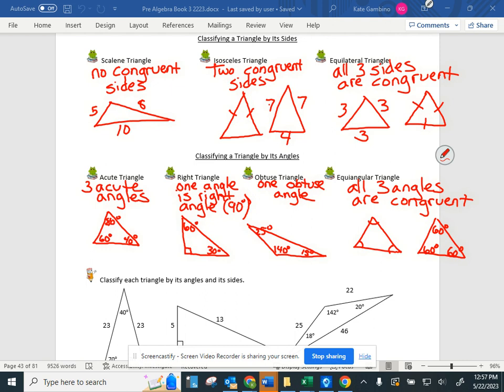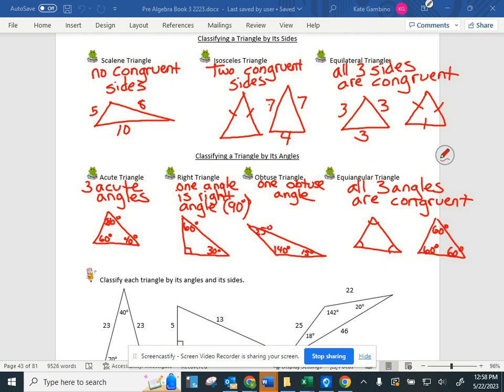Note that for those of you that just came back from band, when we are labeling our angles, we have to make sure our angles equal 180 degrees. When we're labeling our sides, they don't have to equal anything together. You just have to show if they are congruent or not.